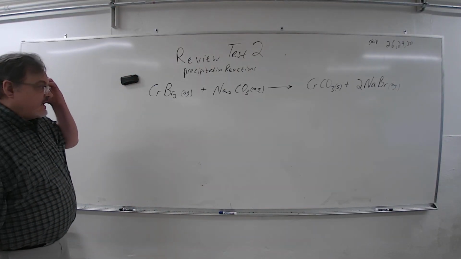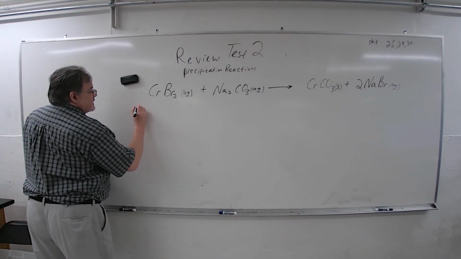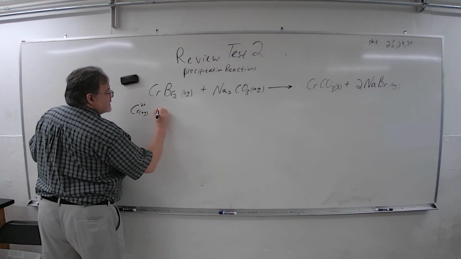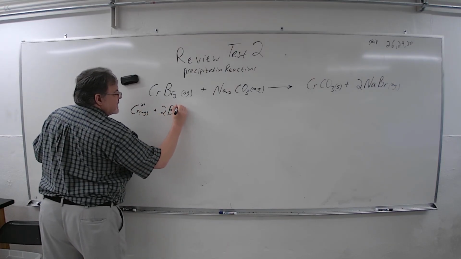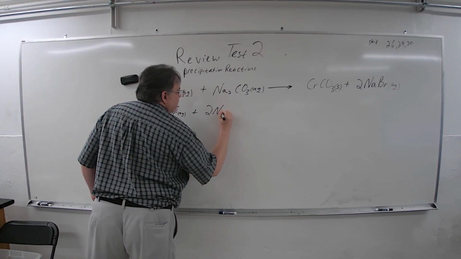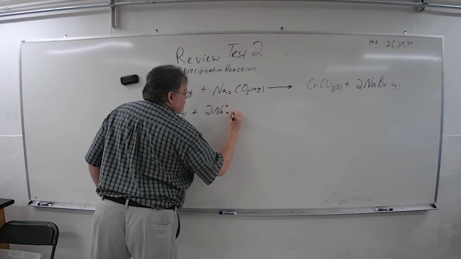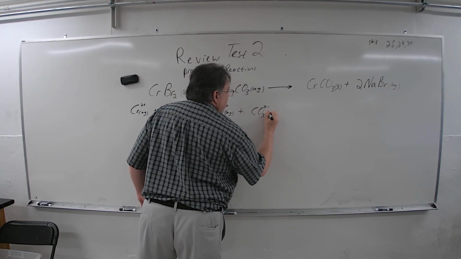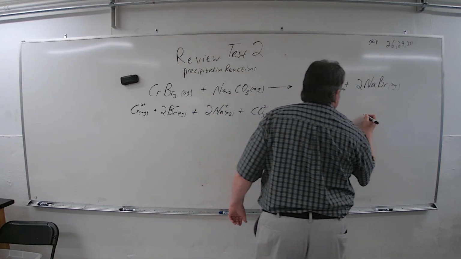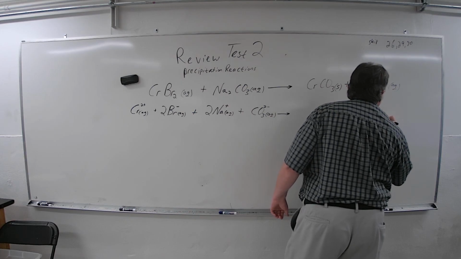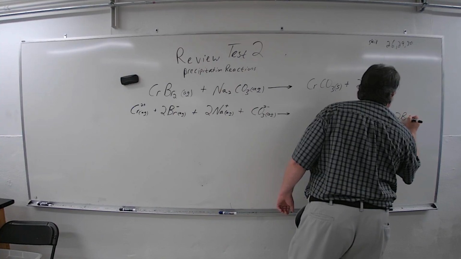Okay, so the complete ionic equation is Cr2+ aqueous plus 2 Br minus aqueous plus 2 Na plus aqueous plus CO3 minus aqueous, giving 2 Na plus aqueous plus 2 Br minus aqueous.